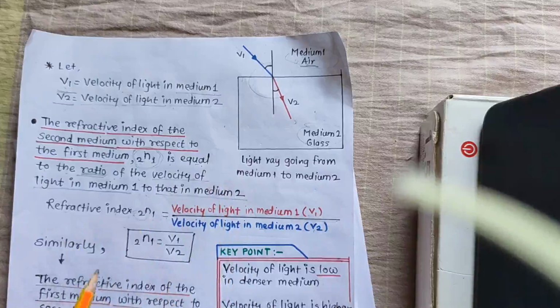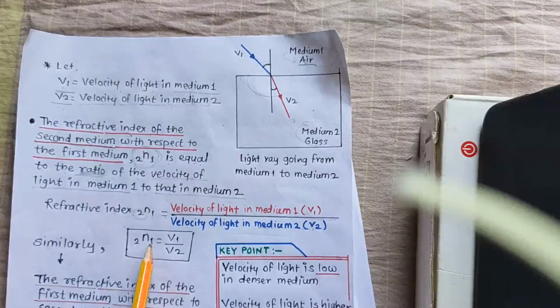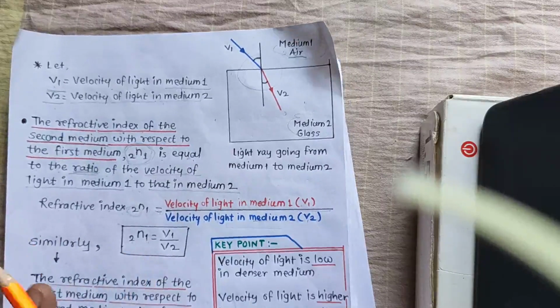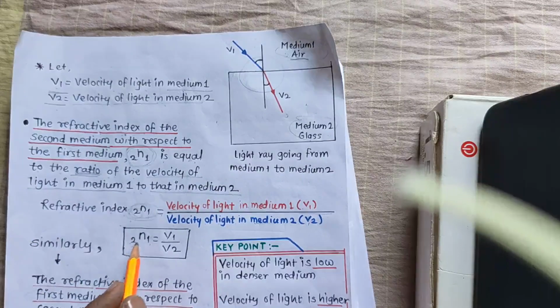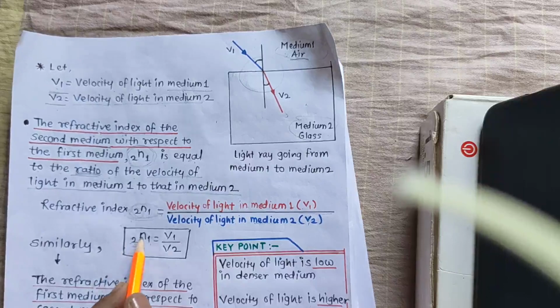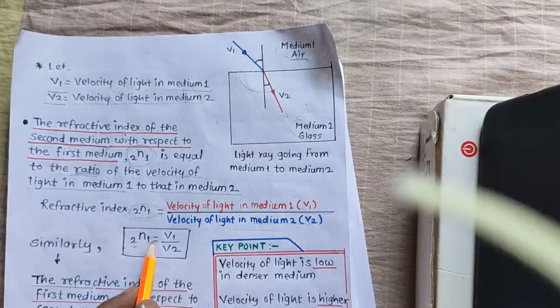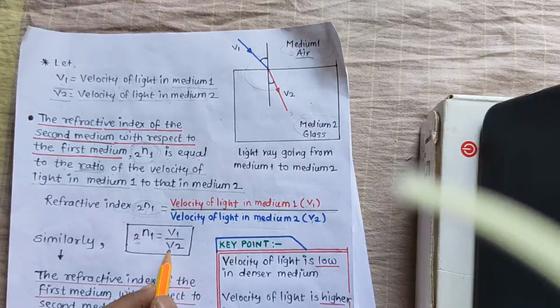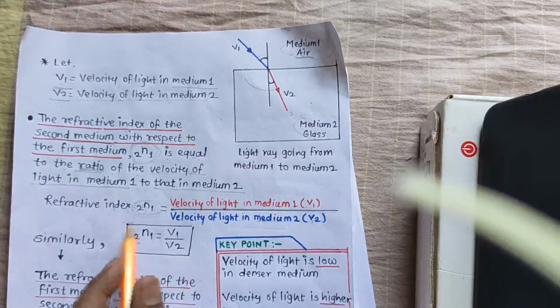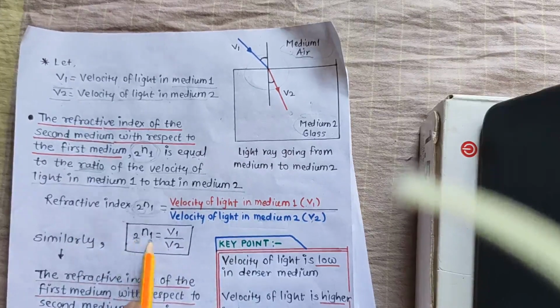If you cannot remember the formula, you need a trick to keep in mind: the refractive index of the second medium with respect to the first, so 2 comes first. But when writing the formula, you write 2 at the bottom and 1 at the numerator. So V1 should be at the numerator and V2 at the denominator. This is the formula of the refractive index of the second medium with respect to the first.